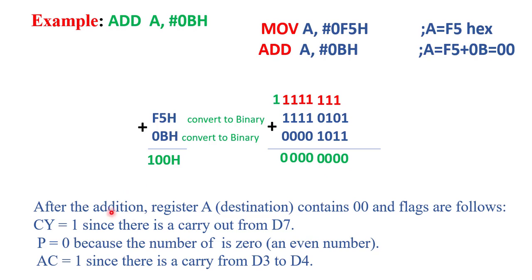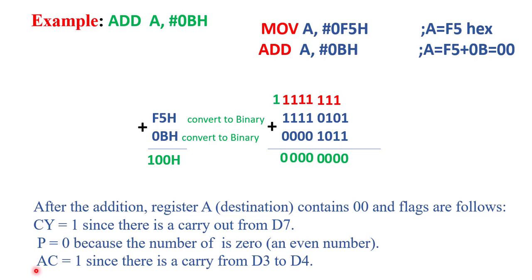Now after the addition, register A contains the value 00H and flags are affected. Which flags are affected? Here a carry is generated, so the carry flag bit of the PSW flag register is set to 1 because there is a carry out from the D7 bit. Next is the parity flag. In this result there is no 1, so the parity flag bit is 0 because the number of 1s is 0.